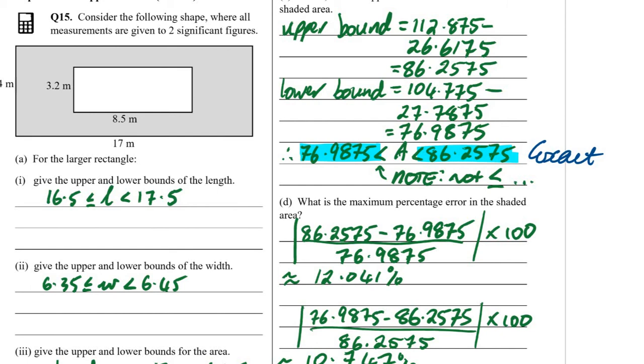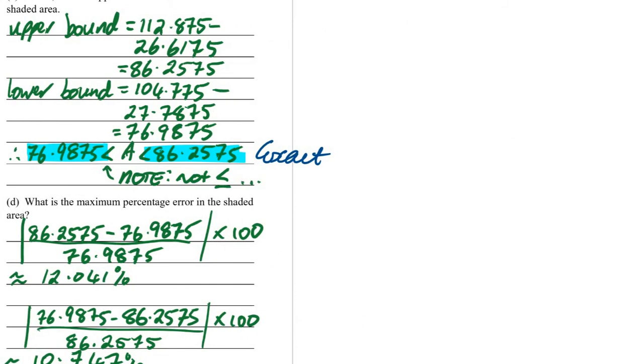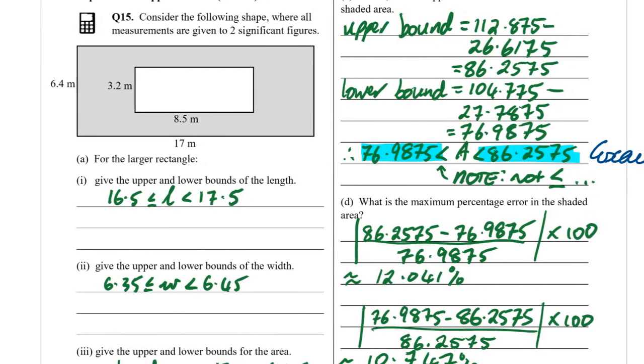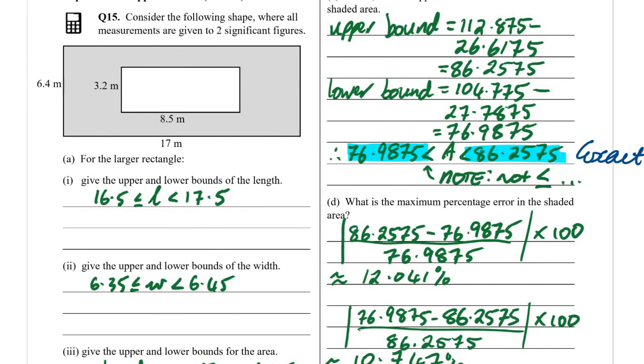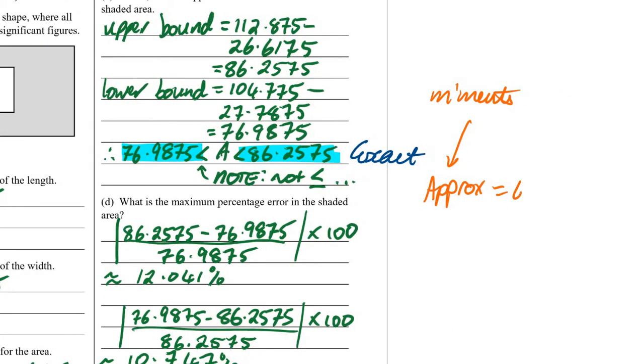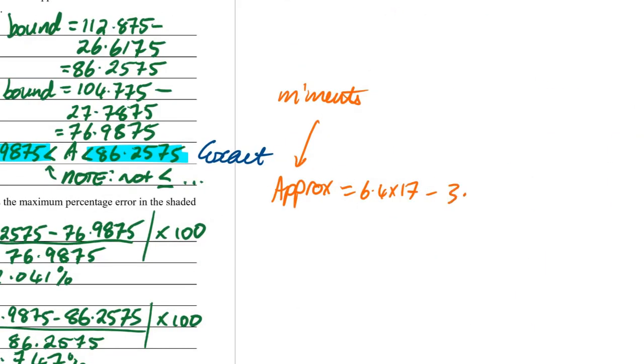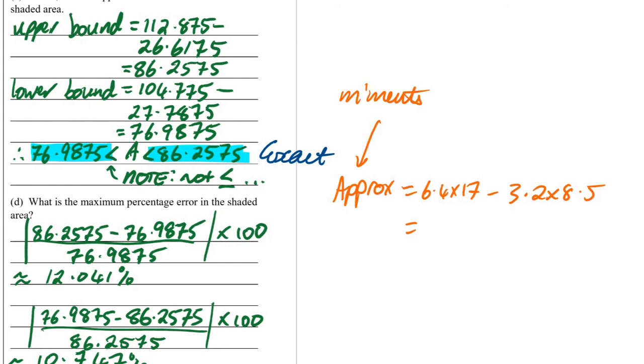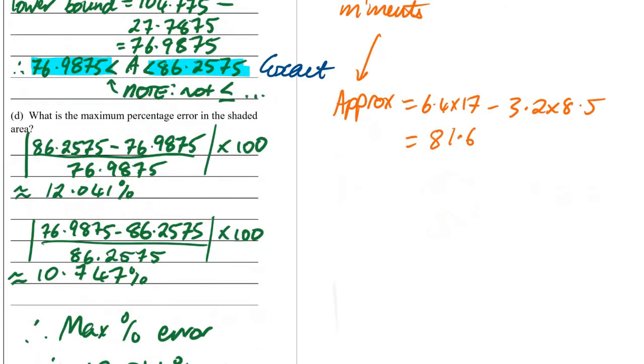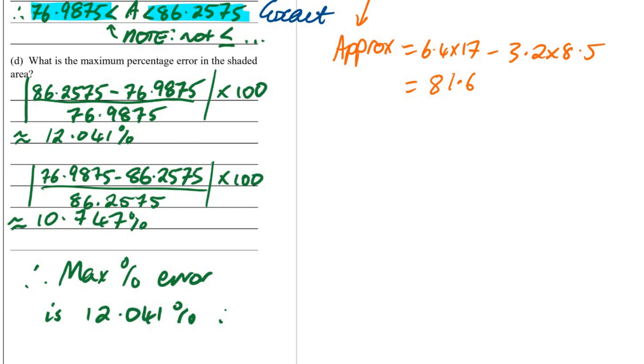The approximate value, okay, is going to be using these measurements. That would be 6.4 times 17 minus 3.2 times 8.5. 81.6.